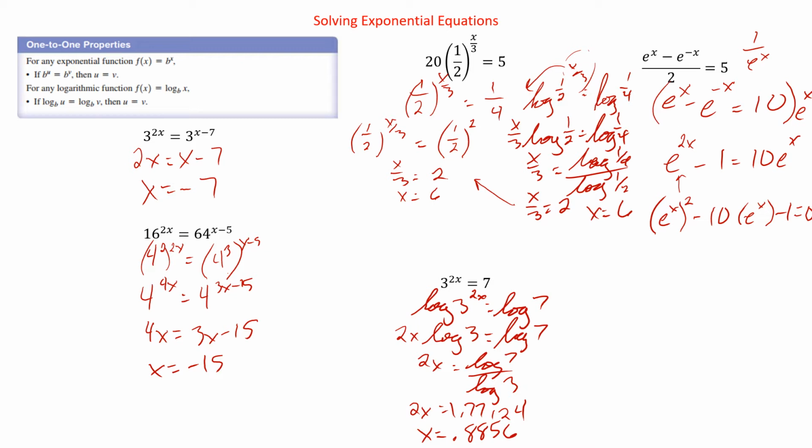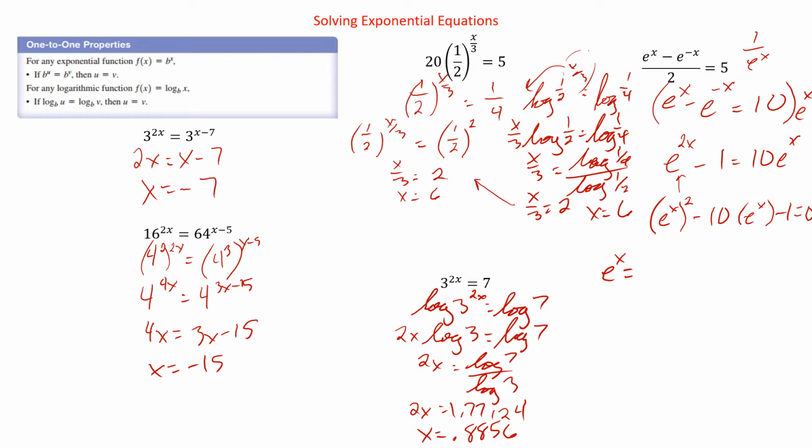We can't factor this one because it's not going to be factorable, but we can use the quadratic formula. When we use the quadratic formula, instead of x equals something, we're going to have e to the x equals something. Our a is 1, our b is negative 10, our c is negative 1.